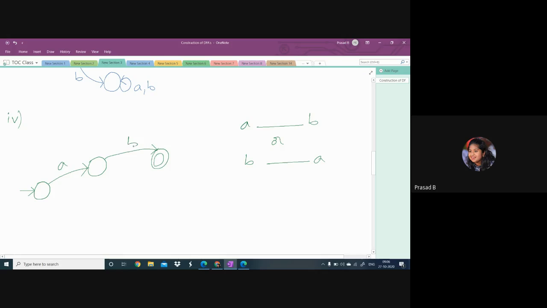Here, as long as B comes, we will be in the final. And here A comes, we will come back to this second state, and as long as A comes, we will be here, and ending with B, go to final.